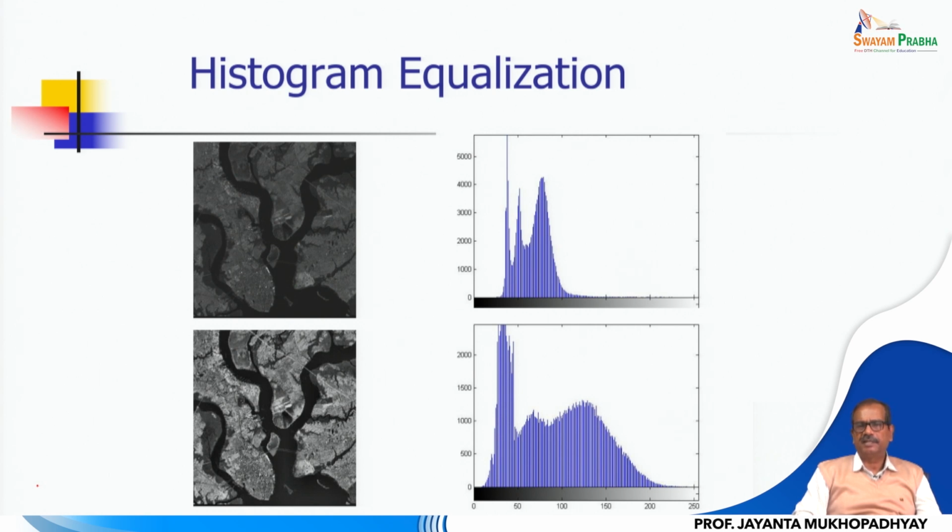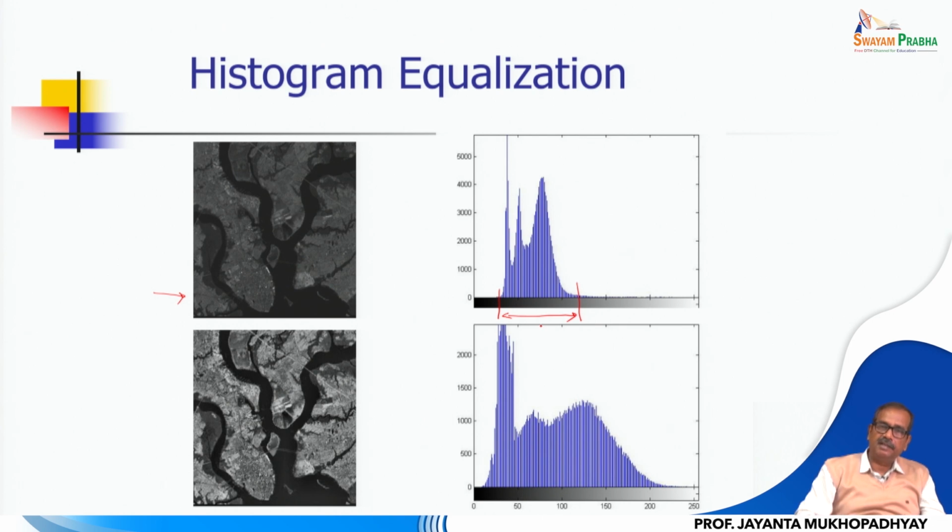Instead of a textual image, I have shown you a satellite image of a satellite band, and this is the original image, which looks like a very low contrast image. You can also see from the histogram that the effective dynamic range, where all the pixels are concentrated, is just this.